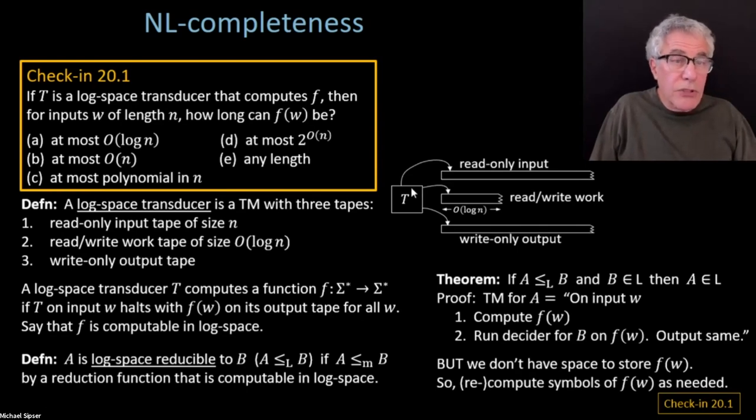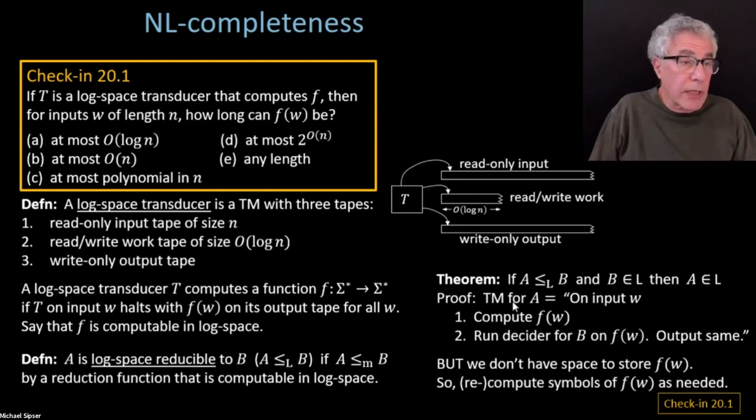Why? Because a log space transducer, if you just ignore the output, is just an ordinary log space machine, and it can only run for a polynomial number of steps without ending up going into a loop. The same argument that we gave for that before applies here as well. So if it's going to exceed a polynomial number of steps, it's never going to halt.